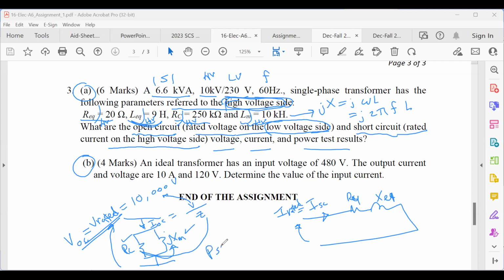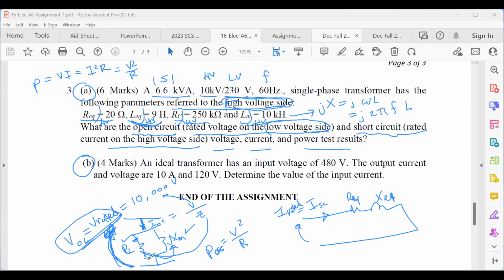Can I get the P short circuit? Sorry, P open circuit? Yes, it's the voltage here, the voltage open circuit, the voltage rated, squared over the R. As we said, the power for the resistance is VI or I squared R or V squared over R. Because I have the voltage here, instead of trying to calculate this current, making a current divider, I said, no, I can use this voltage.